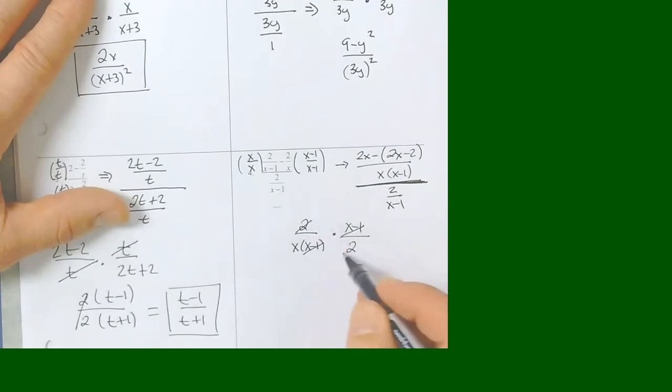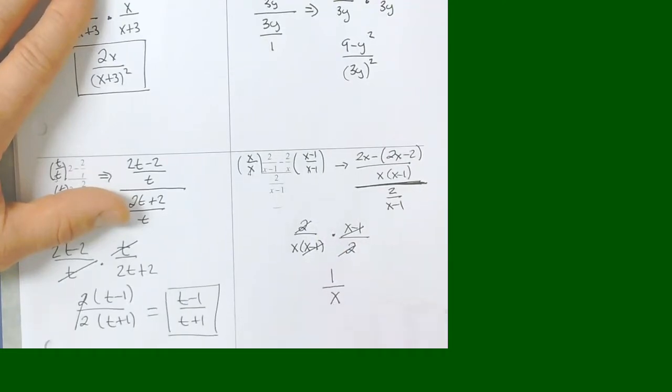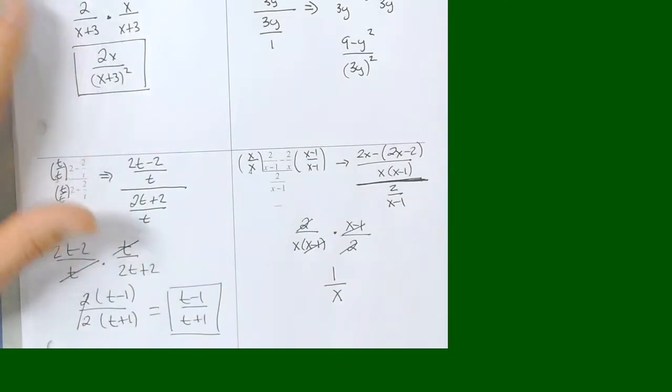Those cancel. Those cancel. I'm simply left with 1 over x.